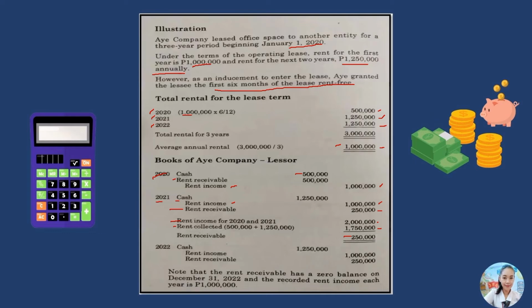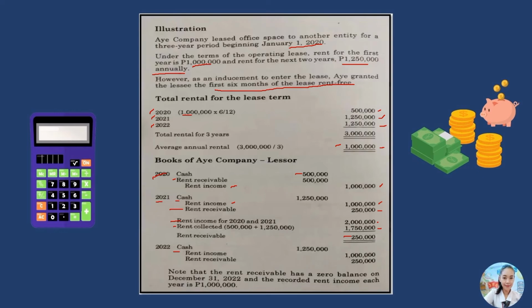Now for 2022, again, what the other entity will pay is 1,250,000 of rent.